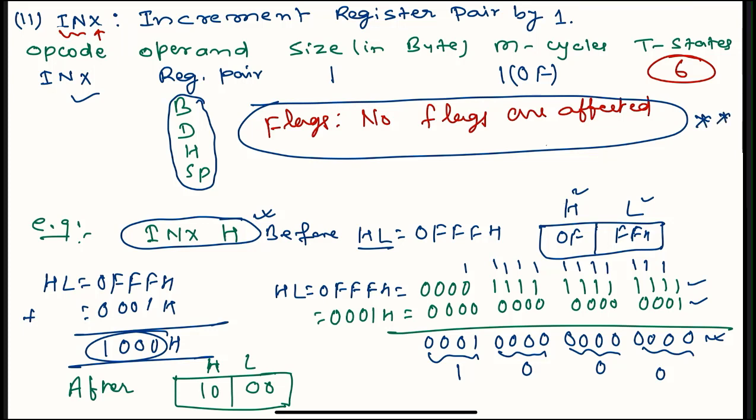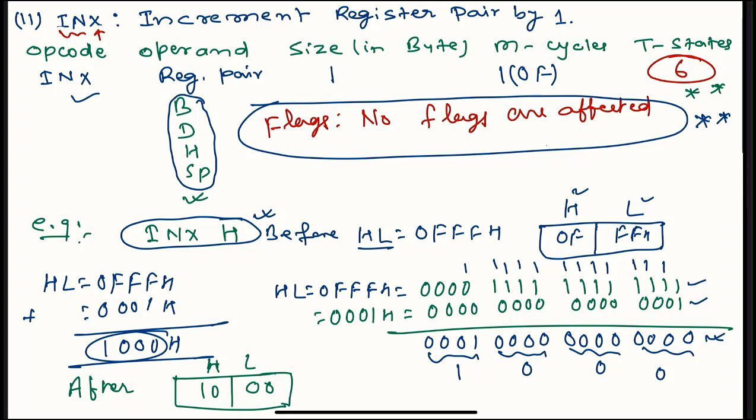Another key point is that the number of T states required for the opcode fetch of this instruction is 6 T states. So these 2 points are very important here. And the third one is what register pairs are used. As I had already said, if they give something like PSW as a register pair, that is not valid for this instruction.